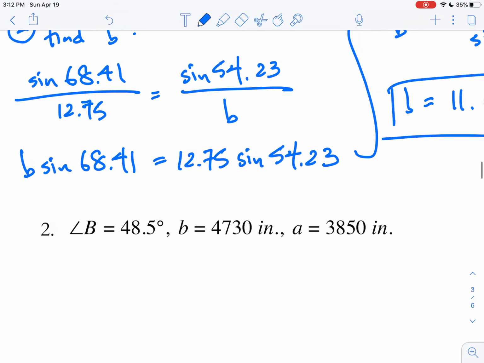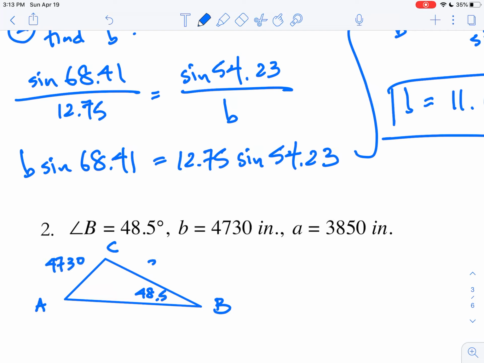All right, let's take a look at example 2. So example 2 says I have an angle and a side and a side. So let's draw our diagram, see what we get. So I've got 48.5, 4730, and little a is 3850.